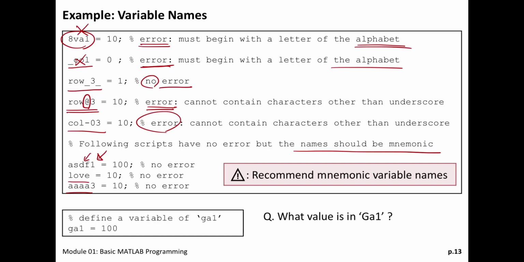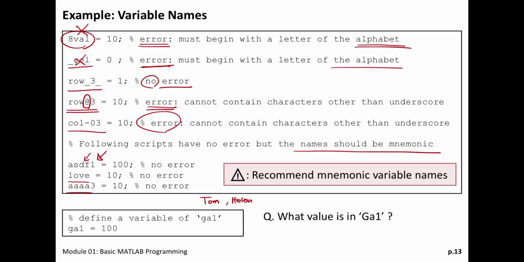Your variable name should be the mnemonic, but don't write a variable name like Tom, Helen, like this. If you watch the tutorial video that I recorded, you'll see what kind of variable names I'm using. Okay, that is one good example that you can follow.